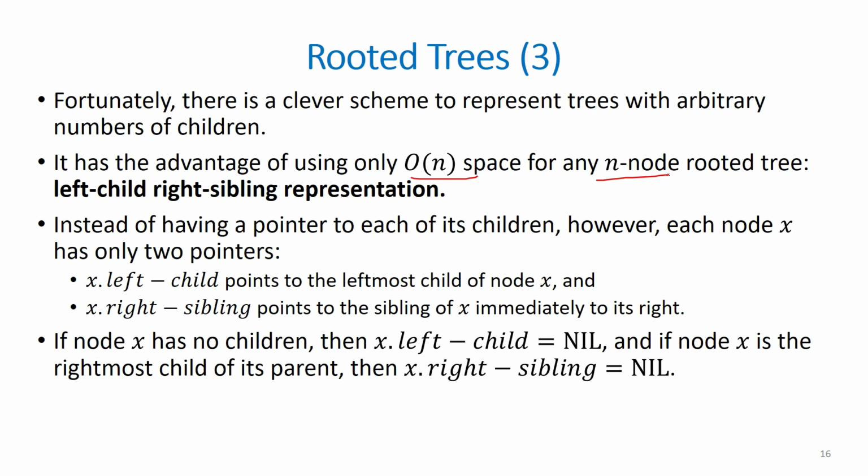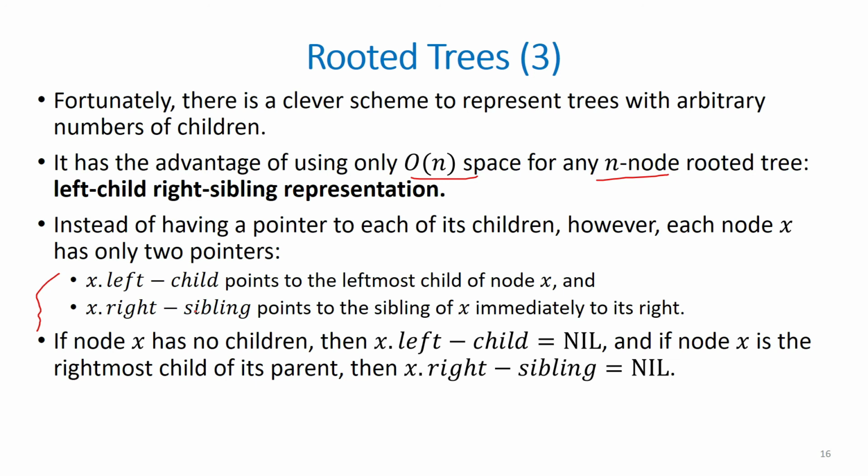The trick is that instead of having a pointer to each child node, just keep track of 2 nodes. Use x.leftChild to point to the leftmost child of x. Then use x.rightSibling to point to the sibling of x positioned to its right.